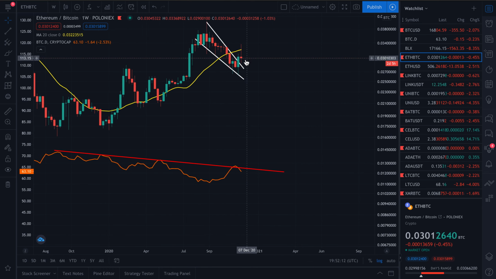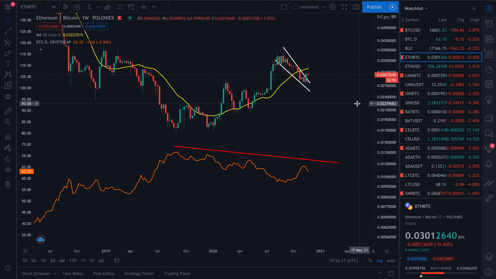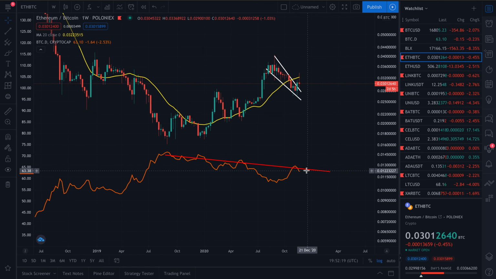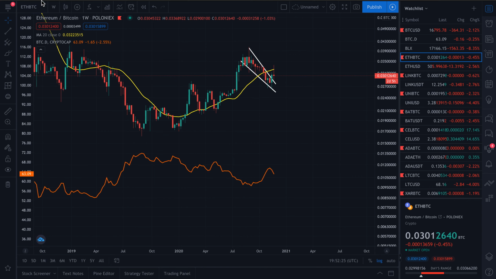So when we look at this, know that yes, Bitcoin is down, but that doesn't necessarily mean that's bad for altcoins. It really doesn't.